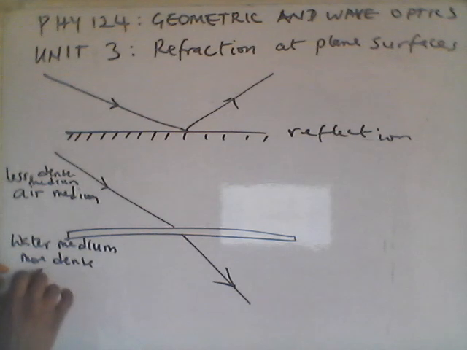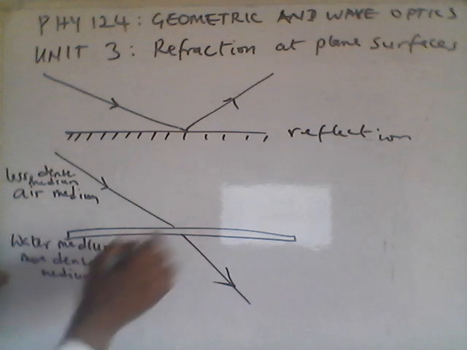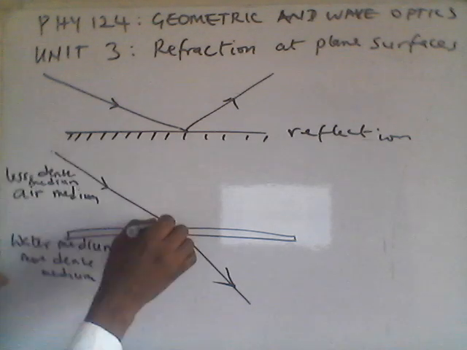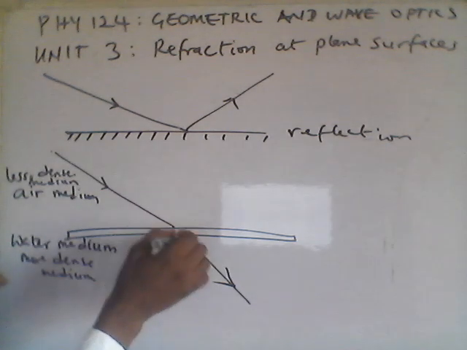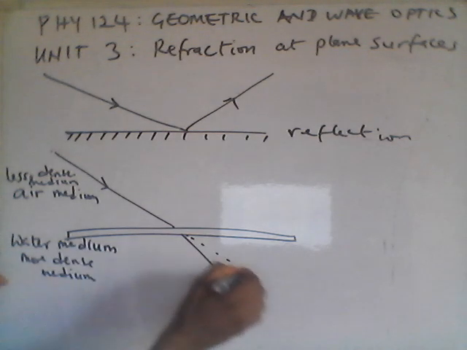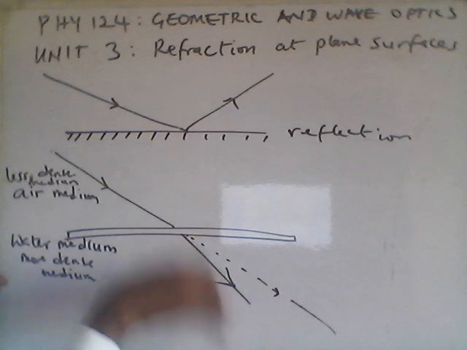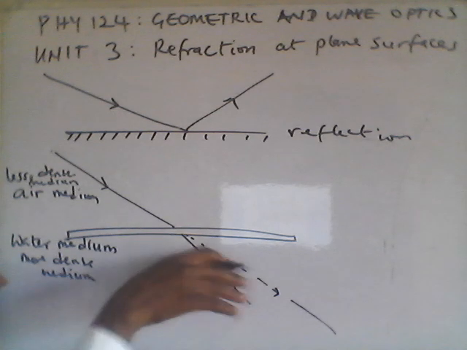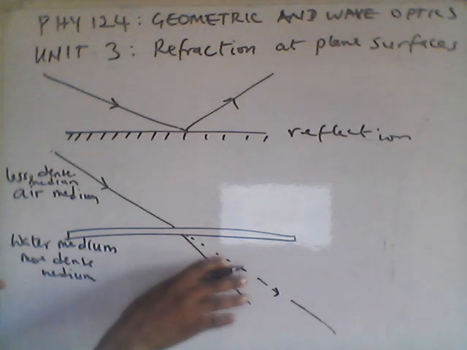So the speed of light is altered when it enters here. So what happens is that when the light ray hits this place, it changes direction. Instead of going continuously the way it is, it bends slightly away from its direction.